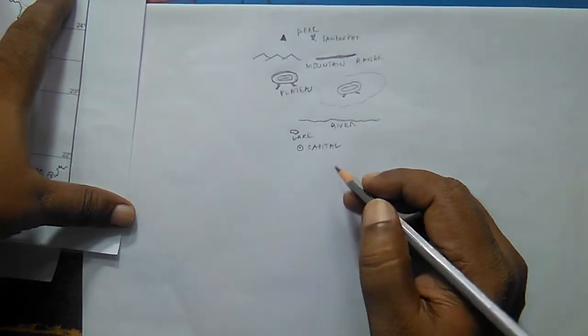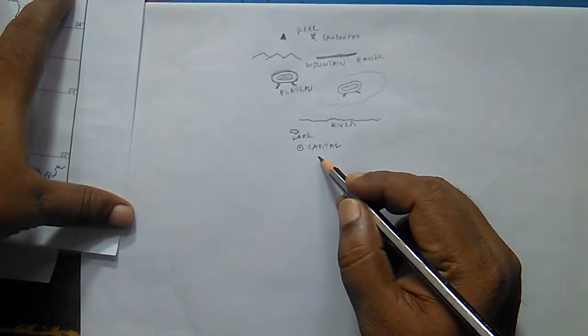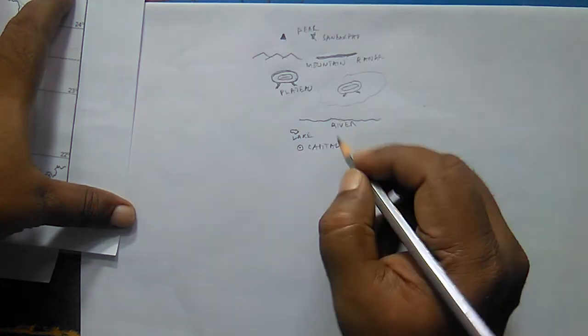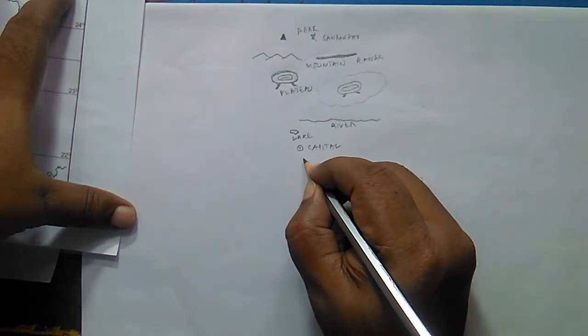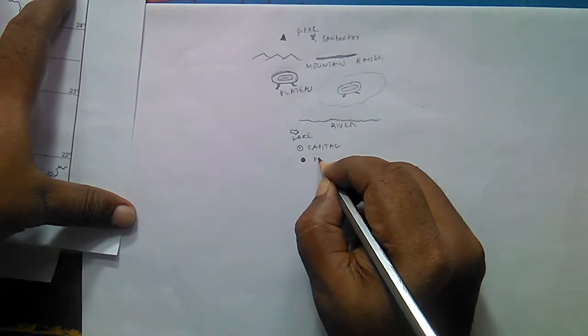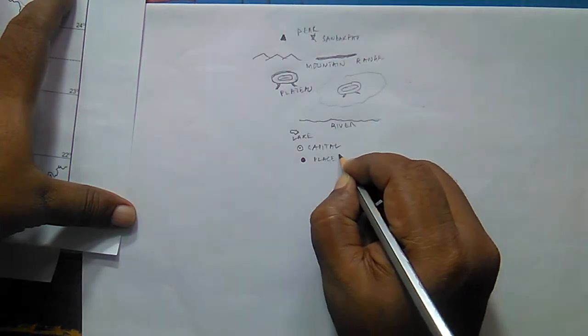Now in some cases you may be asked to show just a city, it may not be a capital. In that case, or it can be a place also, just draw the same small circle with a totally black dot, that will be just a place, or a city.